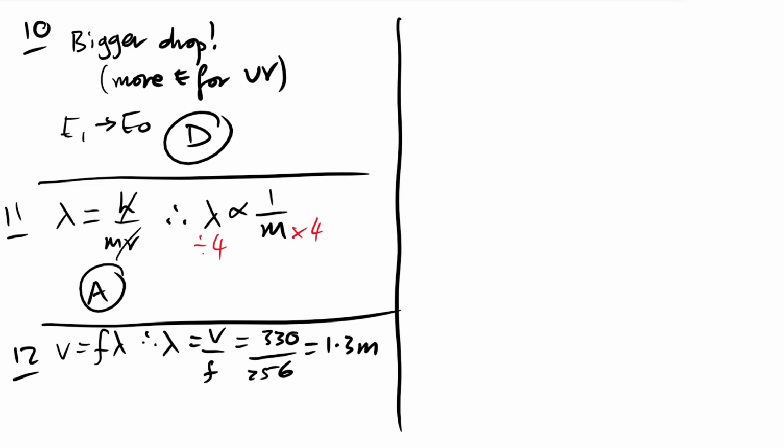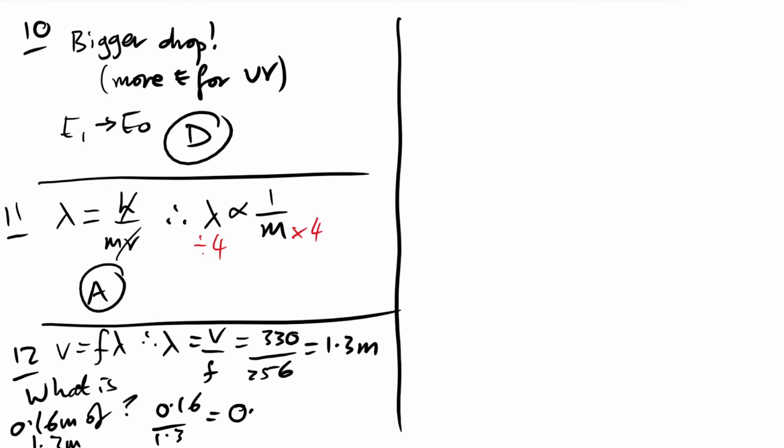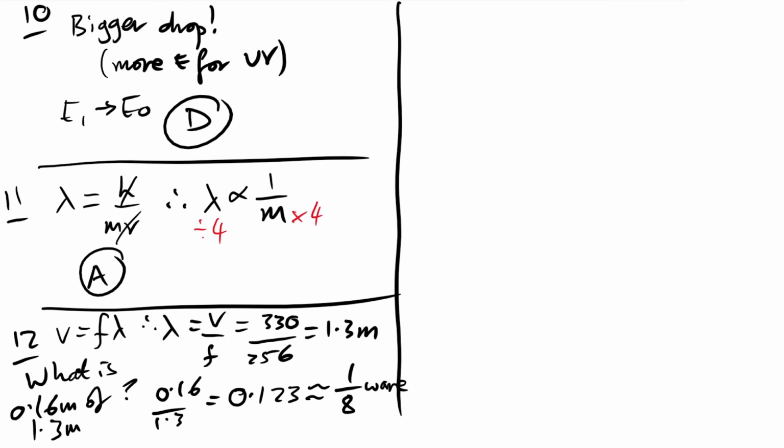Then we need to find out what is 0.16 meters of 1.3 meters. So therefore we're going to do 0.16 divided by 1.3. And that gives us 0.123. That is roughly an eighth of a wave. If it's an eighth of a wave, then therefore we're looking at a quarter pi, because a full wave is 2 pi.